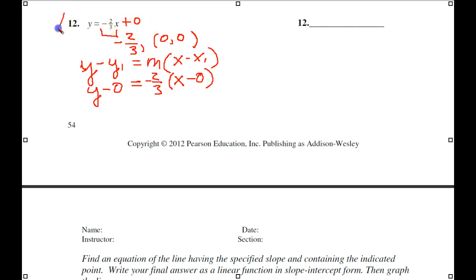So this is sort of a unique one that they could try to trick you with. Put it in point-slope form, it would look like this. But if you see it like this, what was the point the line went through? It went through this, and this was your slope.